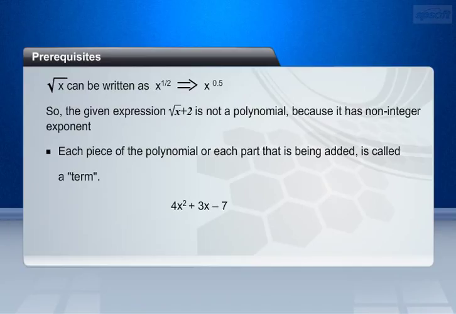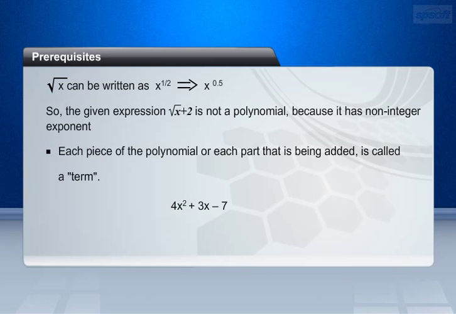Now, we will see the terms by taking an expression, that is, 3x plus 4x squared minus 7. The given expression 3x plus 4x squared minus 7 is a polynomial. From the above polynomial, we have 3x, 4x squared, minus 7.